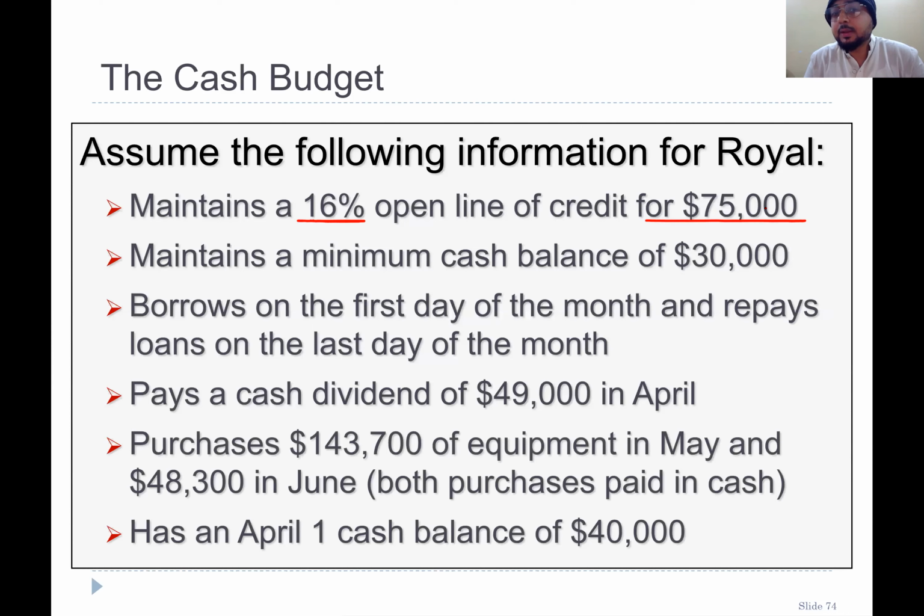It means if the company account is empty, the bank will give them up to $75,000 as a loan and charge 16% interest. So if a check comes to the bank and it is short of $60,000, the bank will pay the $60,000 on your behalf and not let that check become a non-sufficient fund check.